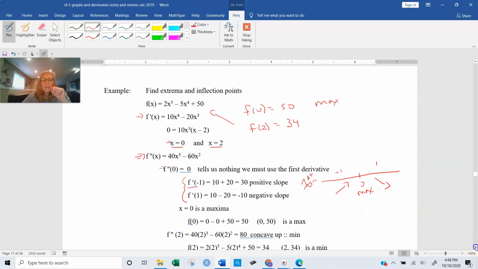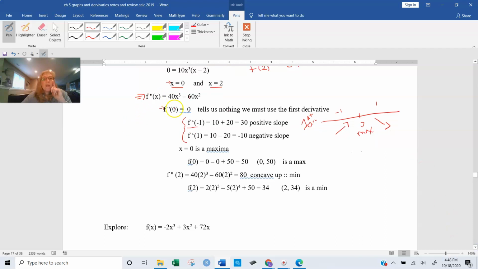So let's keep going. Now we got the 0 when we plugged it in also when we factored this guy out. So let's do this over here. You're going to factor out a 20x squared, which gives you 2x minus 3. All right, so the next point we have here, we got 3/2, right?